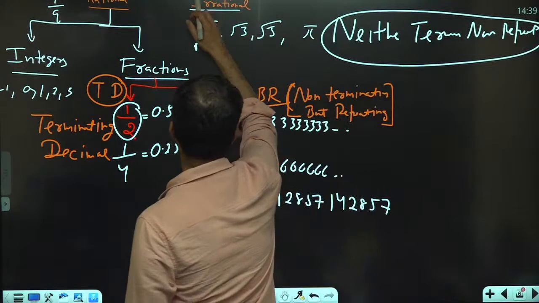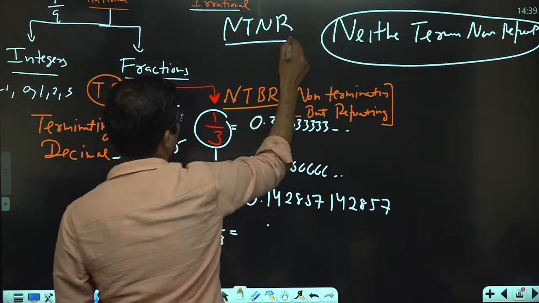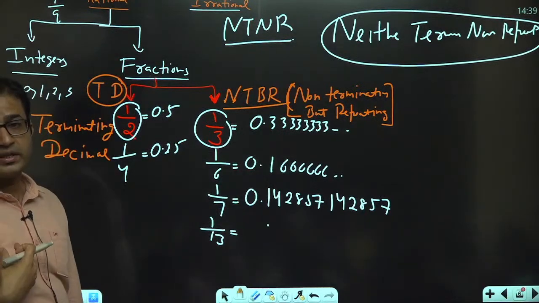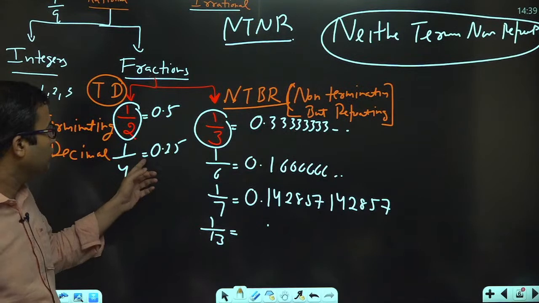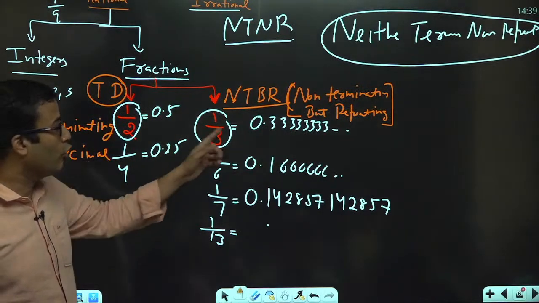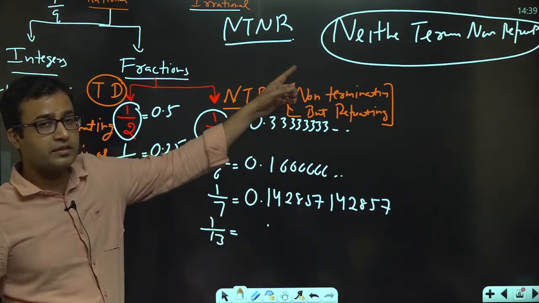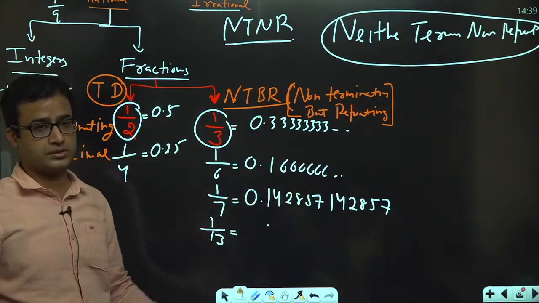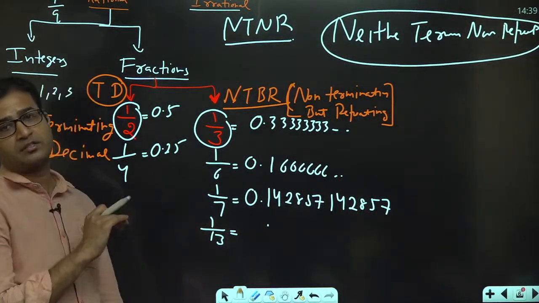Meaning here, neither it will be like this 0.5, रुक गया, 0.25, stop. Nor it will be like this 333. There is no sequence. Neither they terminate nor is there any sequence. So what are these? These are irrational numbers.